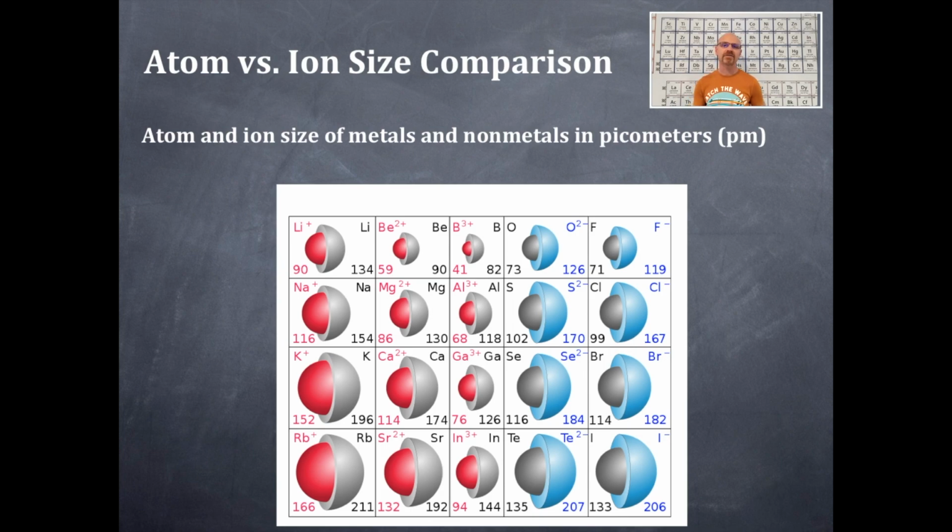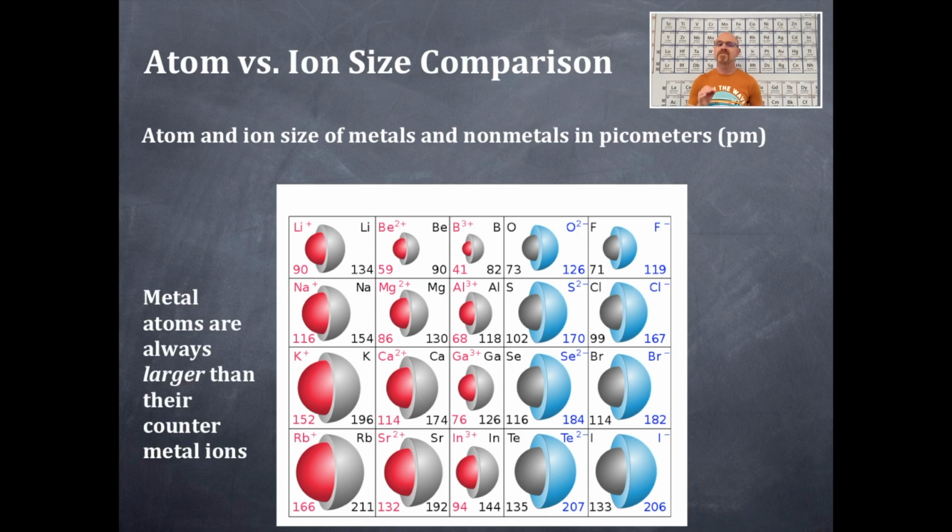I'm going to focus on the left-hand side where you see the red and the gray colors. The red and the gray colors represent metals. Metal atoms always have larger radius than their counter metal ions. So if we take a look at a metal atom of lithium, it's larger than its ion of lithium, which has lost an electron. Okay? Hopefully that makes sense.